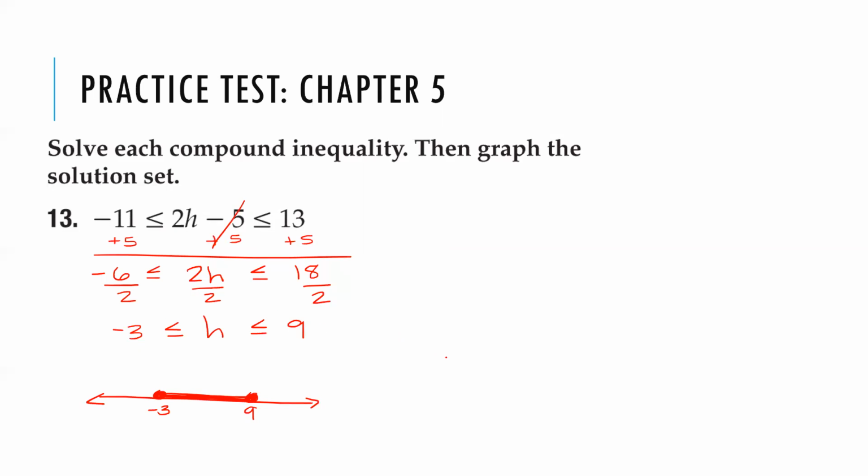Oh, and then we can write this solution set as h such that -3 is less than or equal to h, less than or equal to 9. Okay? Sorry, I forgot to do that on those other problems, but this is how you will see the answer options on the multiple choice part of the test, okay?